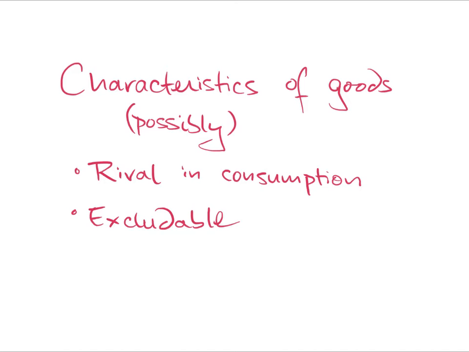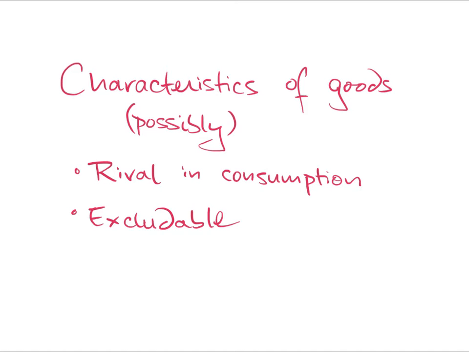Once the road starts getting congested, then adding more vehicles to the road will slow everyone down. So it is somewhat rival in consumption. Another person using the road reduces other people's enjoyment from the road. Okay, so some goods are rival in consumption, some goods are not.